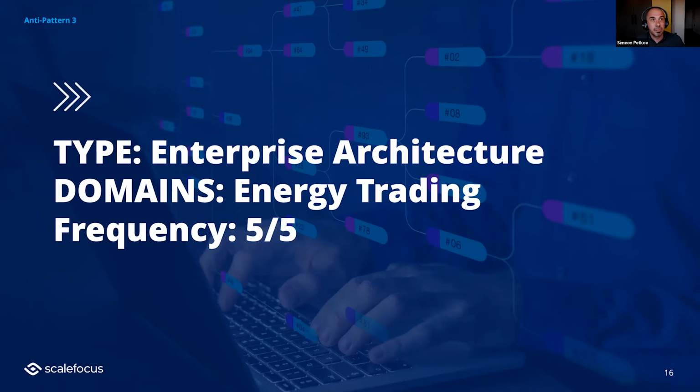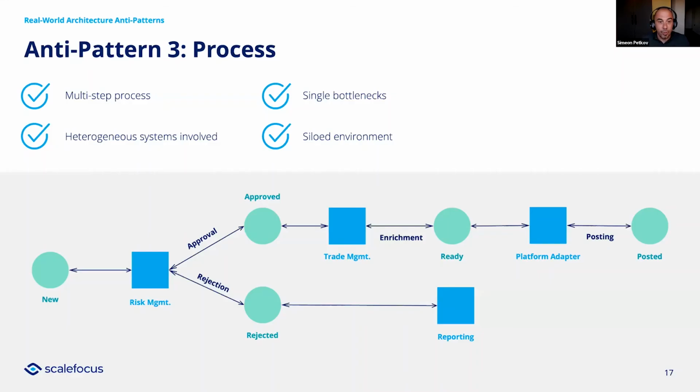I would gamble on insurance and maybe others again, but I think when you see the process that we're going to cover, you can do your own thinking in order to see, for example, if the domain that you're currently working on might be affected as well. So the pattern normally appears when there are two givens.